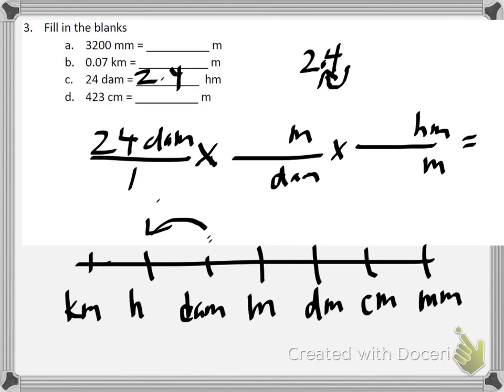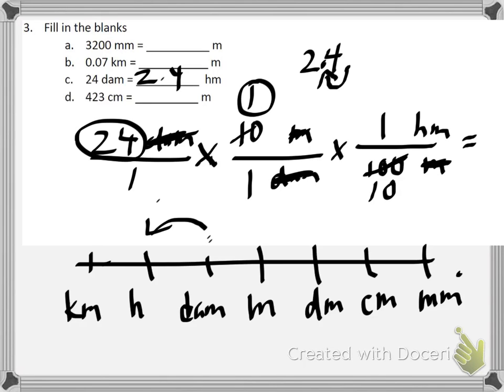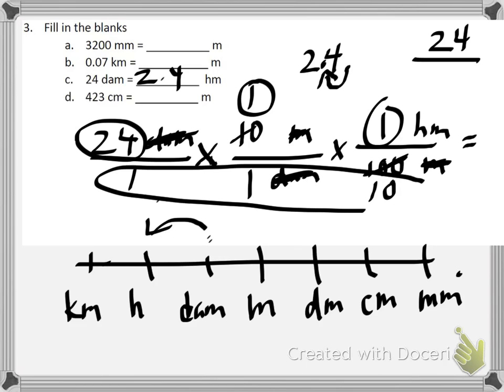Decameter is larger by 10, and then hectometer is larger by 100. So decameters cancel, meters cancel, and this would cancel to 1, and this would cancel to 10. So we would end up with, at the top, 24 times 1 times 1, which is 24. And then as our denominator, 1 times 1 times 10 is 10. And 24 divided by 10 is 2.4.